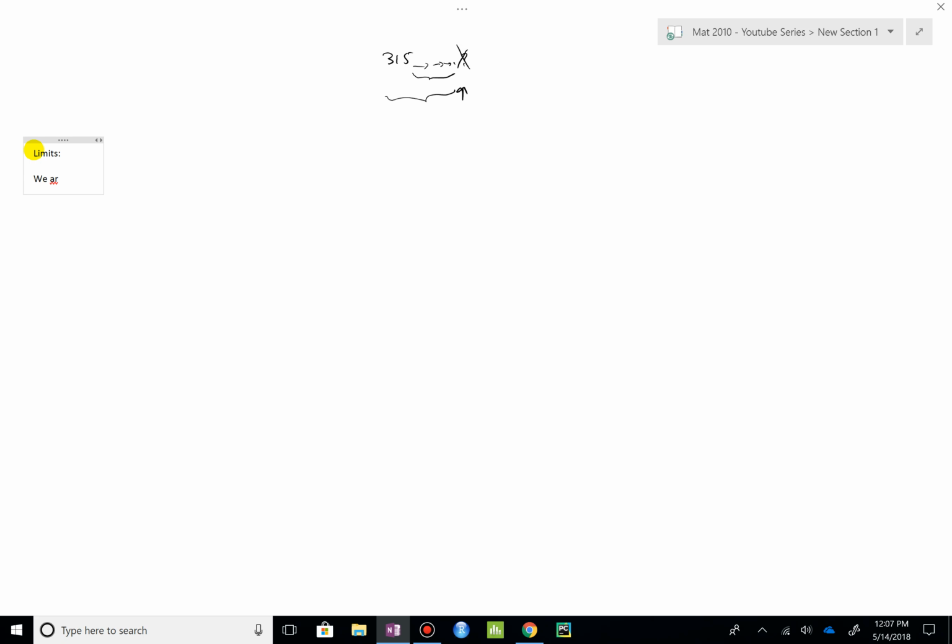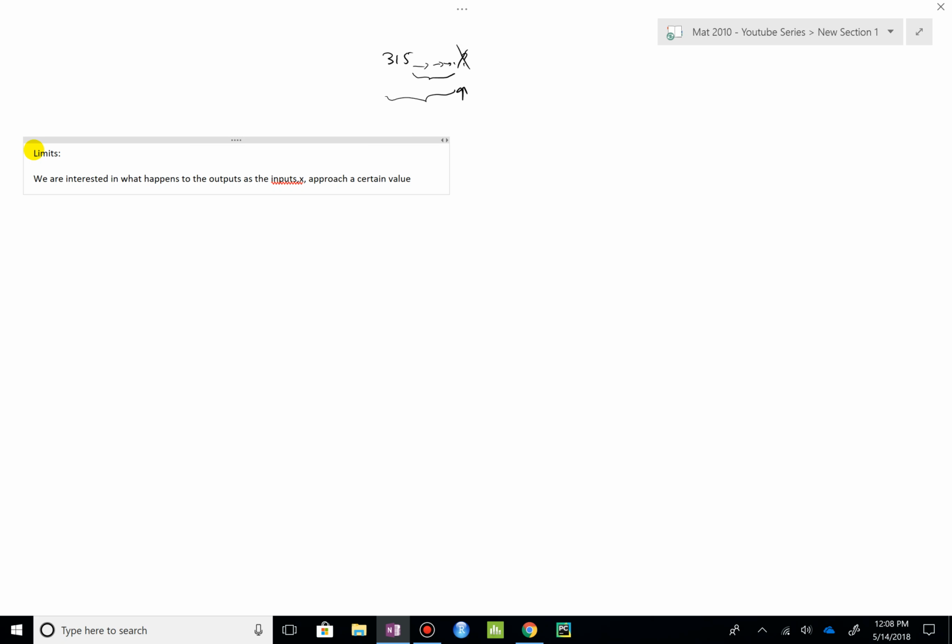We are only interested, okay, in what happens to the outputs as the inputs, which we call x in most cases, approach a certain value.